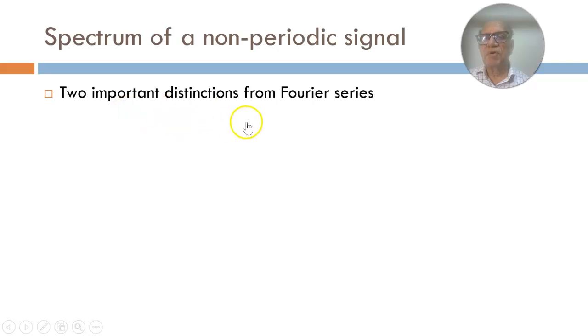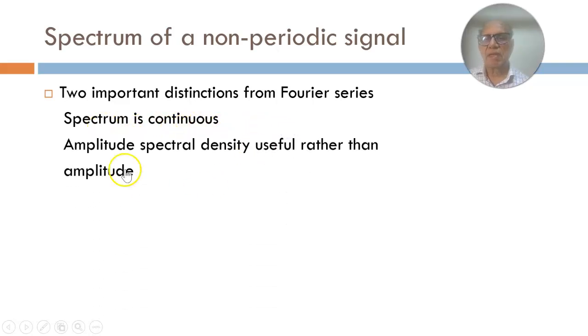Now, there are two important distinctions from Fourier series. One is that spectrum is continuous. And the second is that amplitude spectral density is useful rather than the amplitude itself. And this comes about because of the fact that spectrum is continuous.